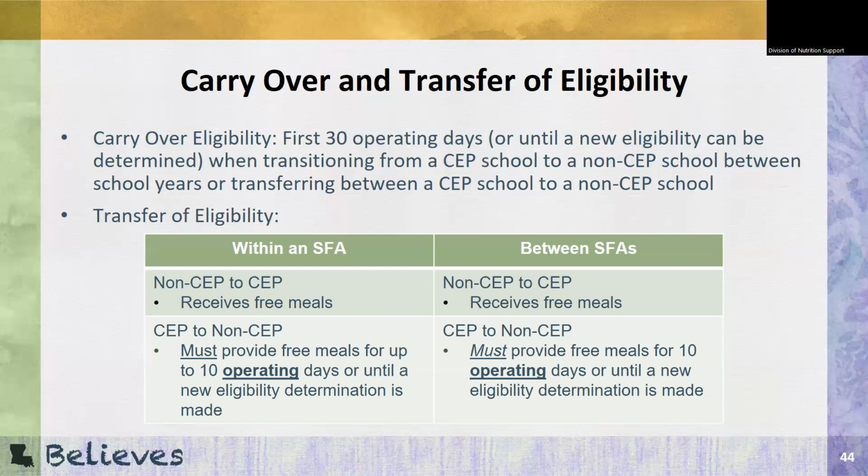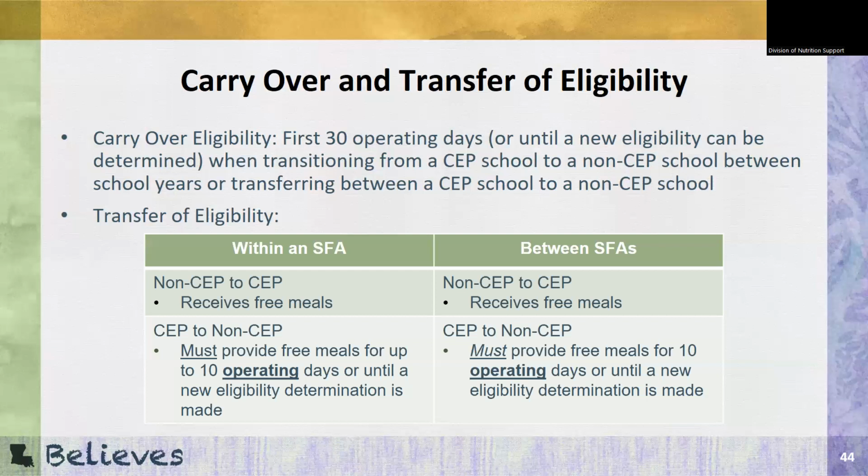According to 7 CFR 245.6 C2, an individual student's eligibility from the previous school year, which is defined as prior to July 1, carries over for up to 30 operating days into the new school year, or until a new eligibility determination is made, whichever comes first. The 30 operating days begins on the first operating day of school.